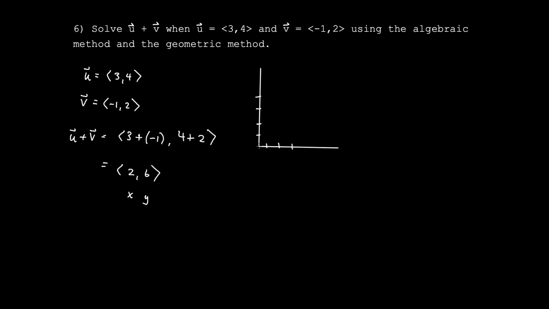So vector u would point up like this. Vector v is (-1, 2), so we need to extend this axis. This is the y-axis, this is the x-axis. To label them, this is u, this is v.